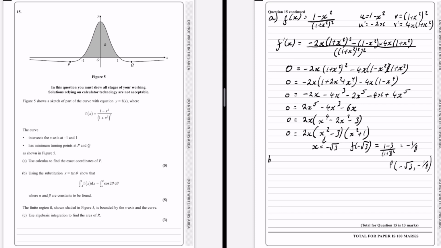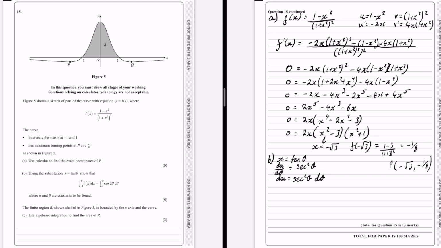Okay, for part B, we're going to substitute x equals tan theta into our function to help us integrate it. So integration by substitution, find dx by d theta, tan theta differentiates to sec squared. I'll treat dx by d theta as a fraction, not strictly correct, but we'll go with it.